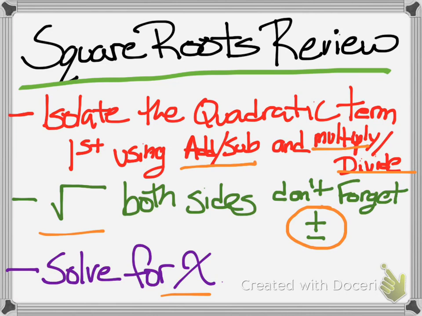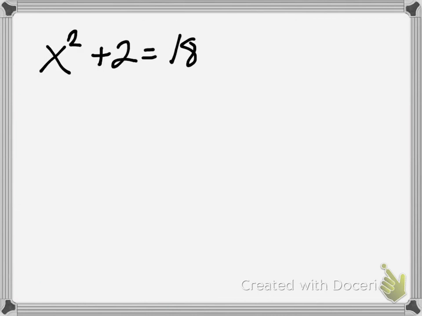Let's do a few examples now just to remember how and for practice. Make sure you copy these examples down into your notes. Let's start with x squared plus 2 equals 18. Step 1, first thing we have to do is isolate the quadratic term. Isolate the x squared, get it all by itself. To do that, we will subtract 2 from both sides first.